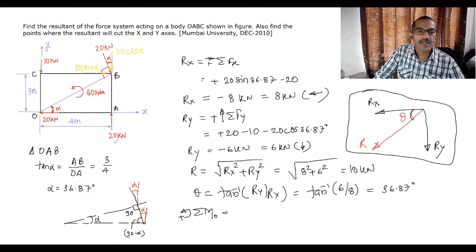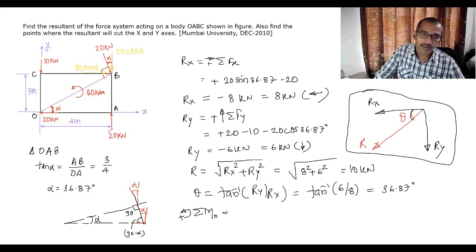What force is acting in upward direction at A, that is 20 kilonewton, its moment we will get. How does this 20 kilonewton produce moment at point O? Imagine rod OA, hold it at O, and apply a vertically upward force. To understand the direction of moment, here is a separate video on how to find the moment of a force about a point.